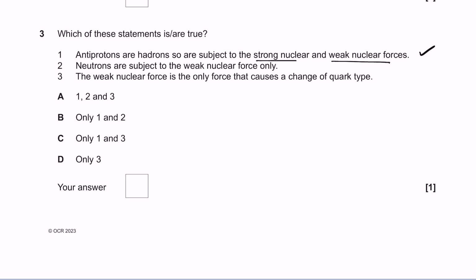No, neutrons are hadrons as well, so they are subject to the same strong and weak nuclear forces. And point 3, the weak nuclear force is the only force that causes a change of quark type. Yes, that is true as well. So C will be the answer here.